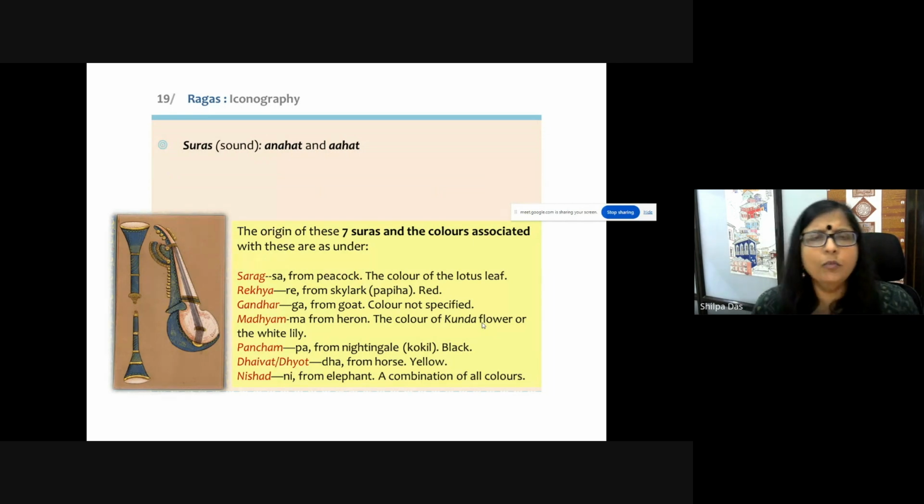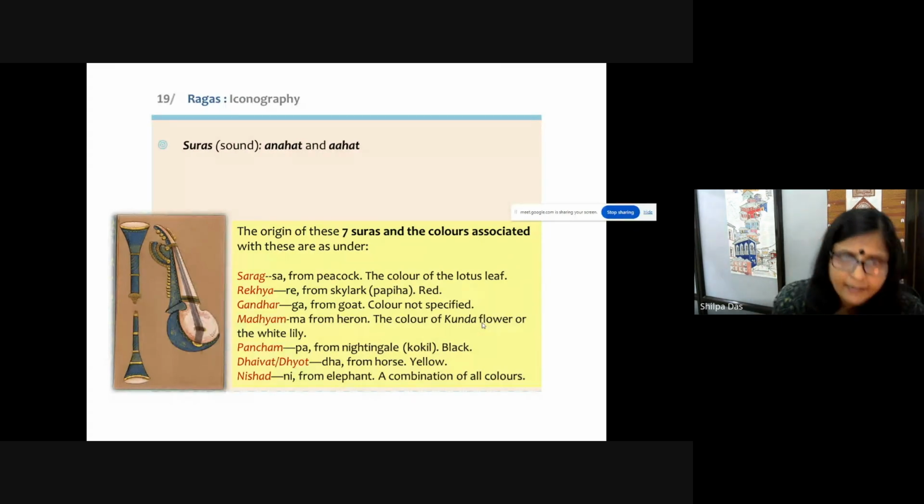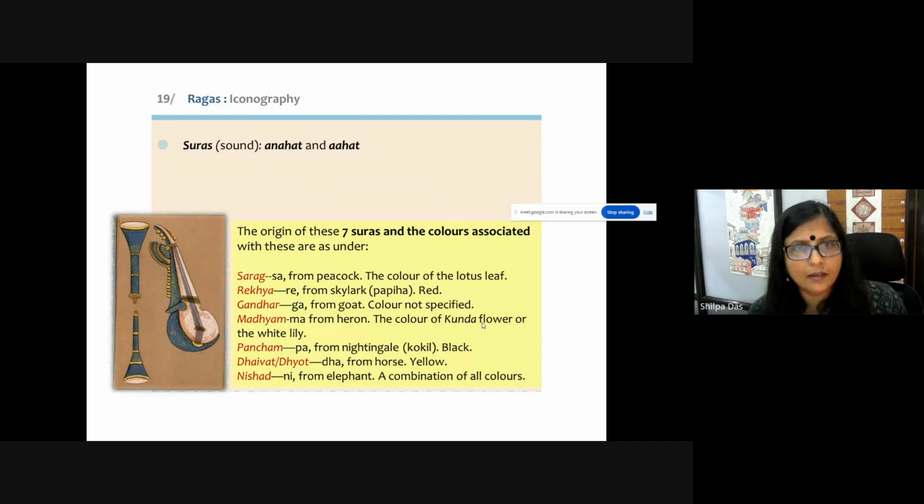And many of you may be trained in Indian classical, Hindustani or Carnatic, and you know that we have these seven notes, Sa Re Ga Ma Pa Dha Ni, which have an association with a certain bird or animal, and also there is a certain color that is associated with these rags. So the sages who put down the rules of classical music in the subcontinent lived in close proximity with nature and they were more sensitive to sound and vision.